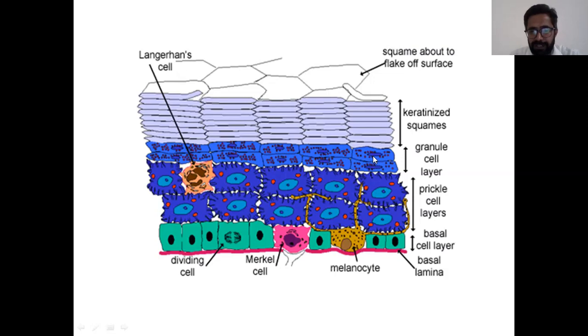What we can find in this layer is a lot of granules present in the cytoplasm of these cells. Due to the presence of a lot of granules, they appear dark in micrographic figures, and this layer is therefore also termed stratum granulosum.